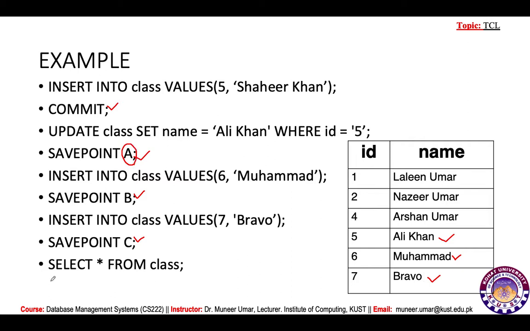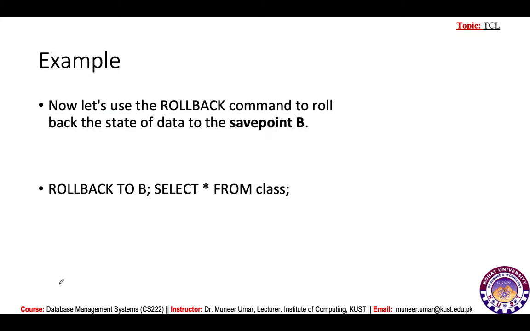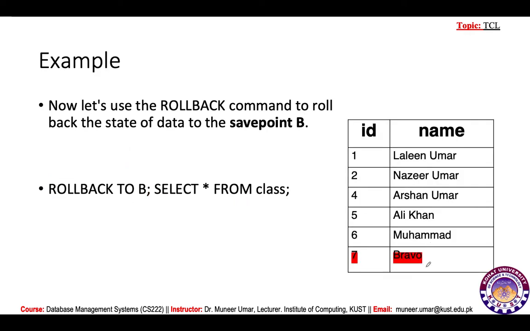Now if we type rollback here at the bottom and give a save point to that rollback, so here if we type rollback to B and after that we type select star from class, then we will have this table without this brow.